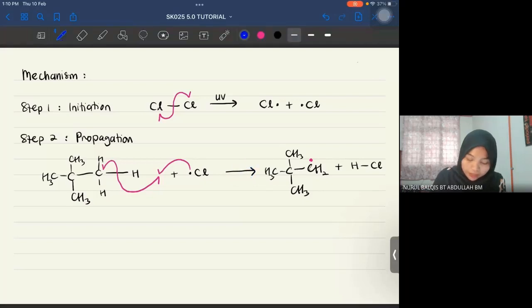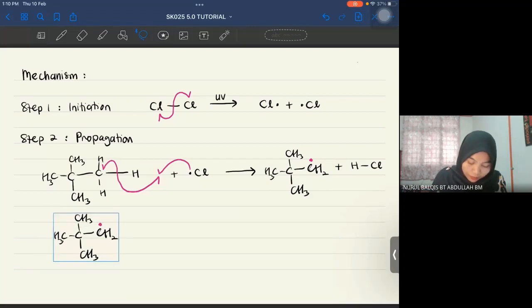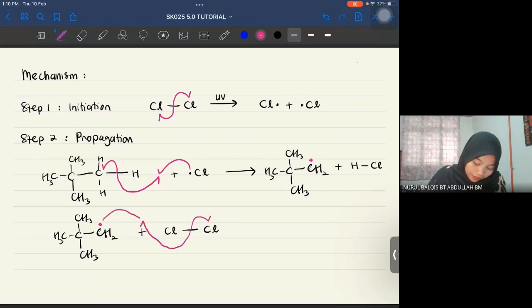Okay, since we have formed a new radical in here, awak kena pair them up lah, kena buat balik dengan Cl. So ambil balik this carbon radical. Yang ni tak ada sambung-sambung kan, memang kena buat baru. Jangan sambung kat sana. So kat sini kita akan further react with Cl dengan Cl yang asal tadi. Kita akan break them, ambil kat sini, yang ni pair up.